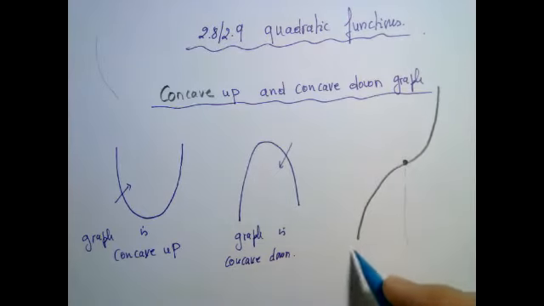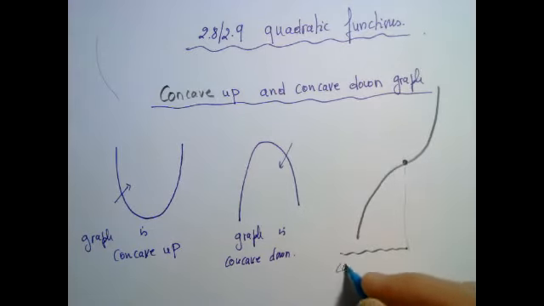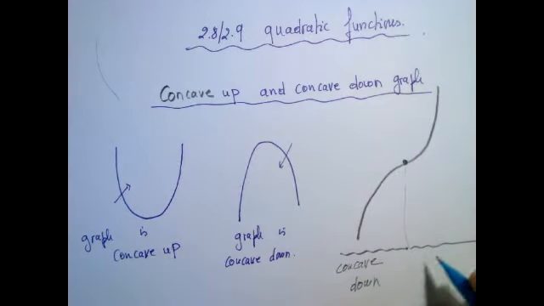So for example, in this one, up to here, whatever this point is, it's concave, concave what up to here, down or up? Down. And from here, after that, it's concave up. Okay, so that's the shape.